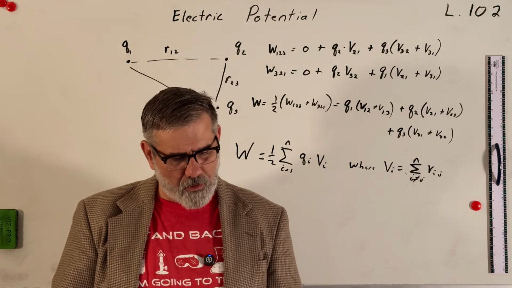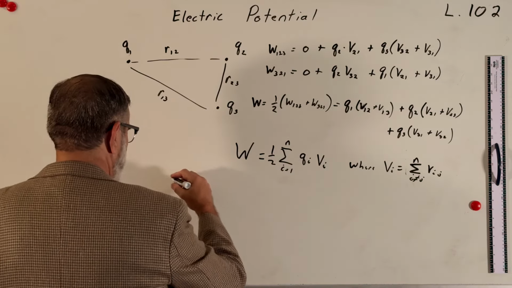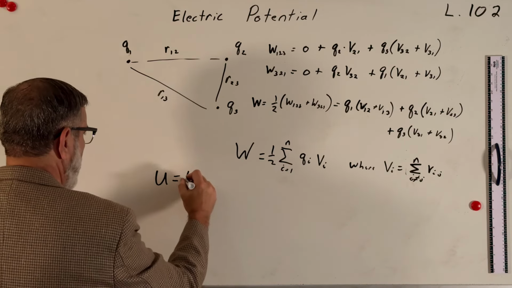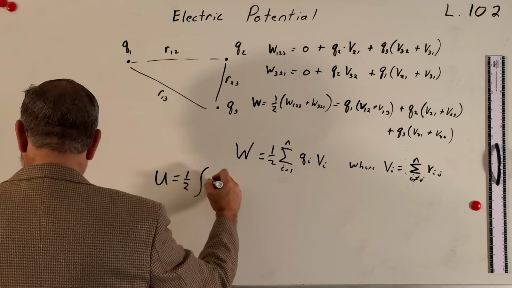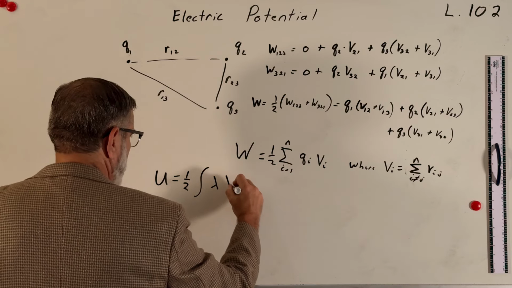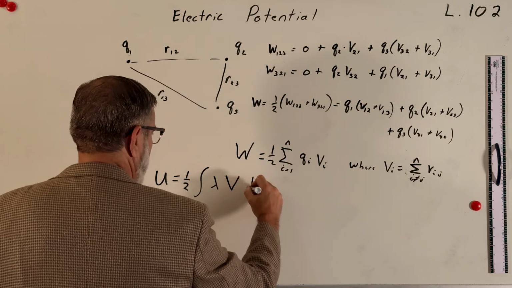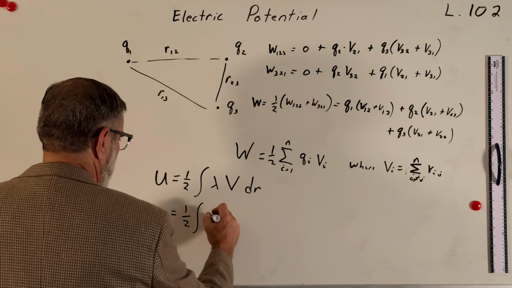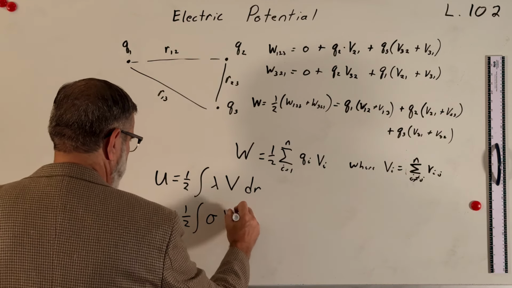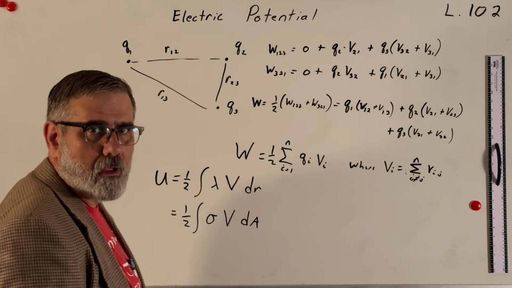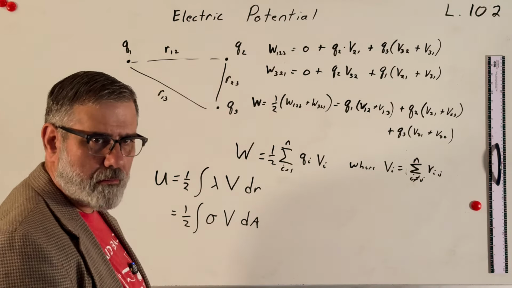Oh, wait, one more thing I wanted to add here. As a consequence of this, you can also write out for continuous distributions something to the effect of U is equal to 1/2 the integral of lambda times V times dr. Could also be 1/2 the integral of sigma times the potential times dA. That's for charge density in terms of area, right?